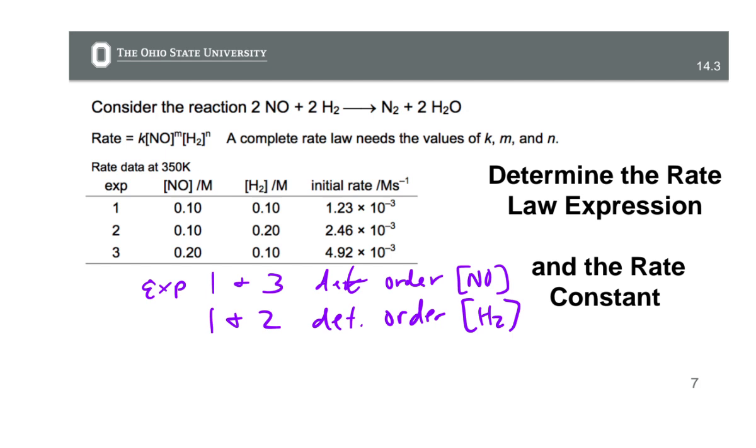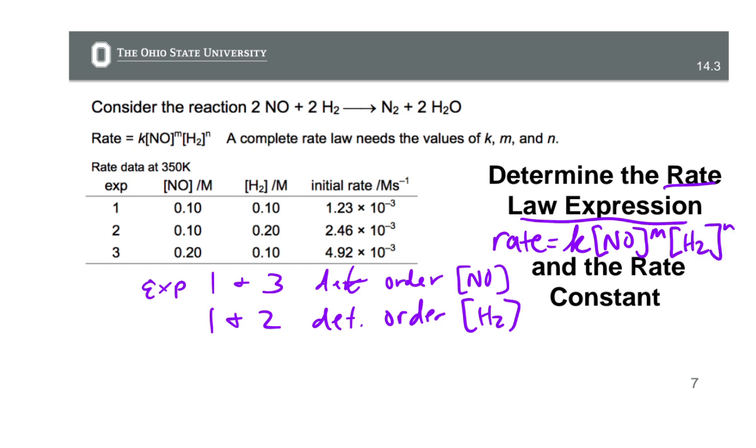Let's do this problem actually because we do something different here. So we are going to determine the rate law expression, which is rate equals the rate constant K times the concentration of NO raised to some order, times the concentration of H2 raised to an order.